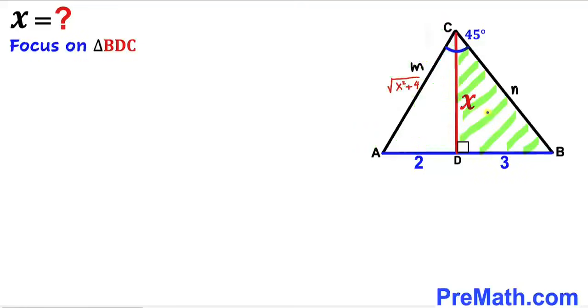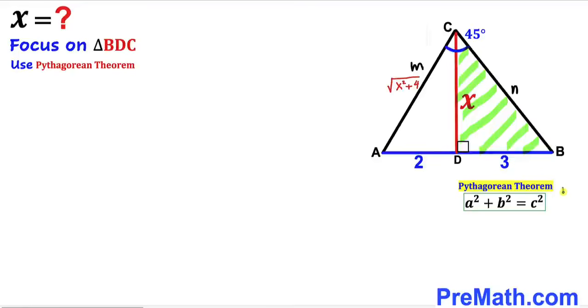Now let's focus on the other right triangle BDC, and apply the Pythagorean theorem on this triangle as well. Our hypotenuse is n, whereas our two legs are 3 and x. So x square plus 3 square equals n square.